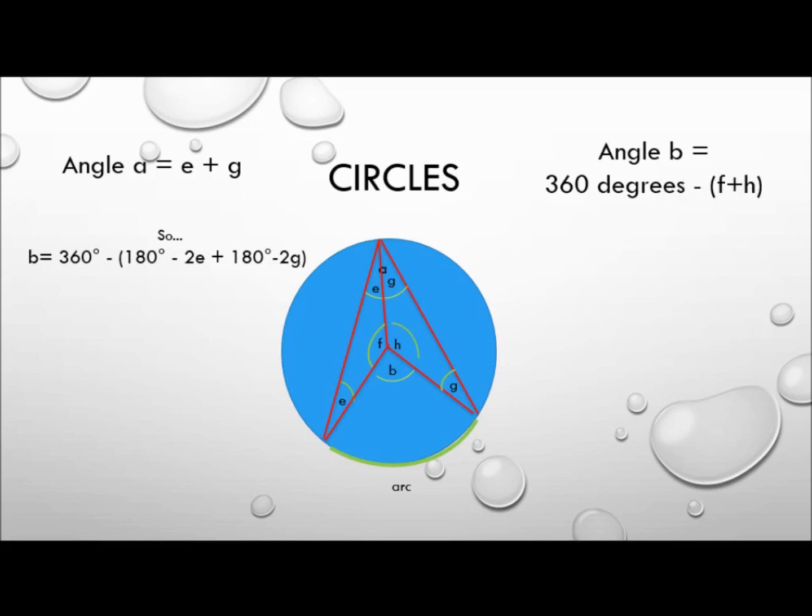This means angle B is 360 degrees minus all of angle F, which is 180 degrees minus 2E, and angle H, which is 180 degrees minus 2G. And we can simplify that to 360 degrees minus 180 degrees plus 2E minus 180 degrees plus 2G.